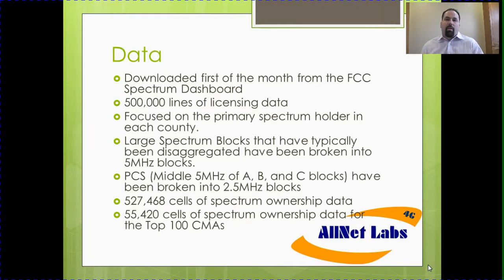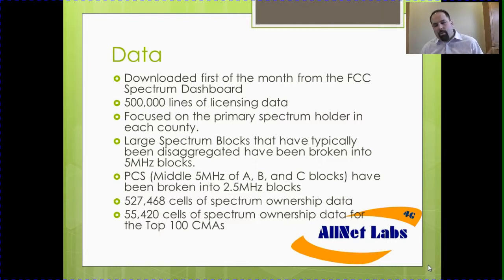The next thing that we do in the spreadsheet is attempt to determine who is the primary spectrum holder in each of these counties, to simplify and allow really a management look at the spectrum.